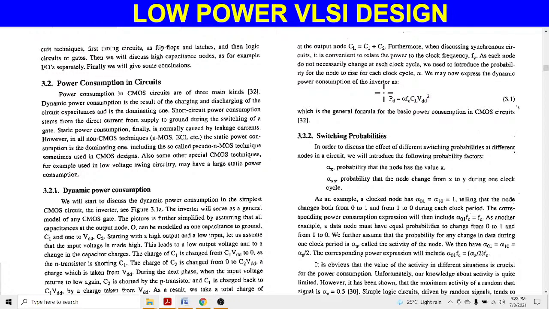Often in various books, the power dissipated is represented as the multiplication of frequency, capacitance, and the swing voltage, or we can say the supply voltage VDD.